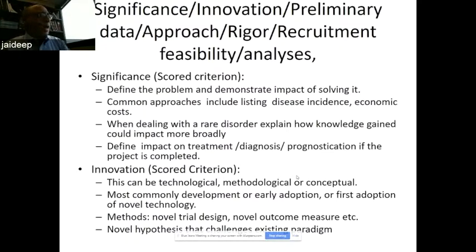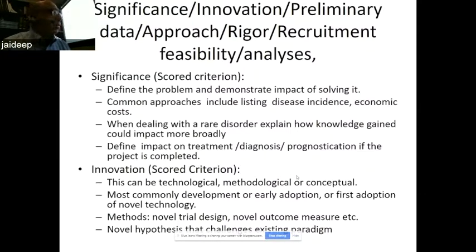In explaining the significance of your proposal, it's important that you explain what would happen if you successfully implement that proposal. You begin that process by defining the problem, and define the problem very clearly in a few sentences, no more than 3 or 4, and then show the impact of solving it.